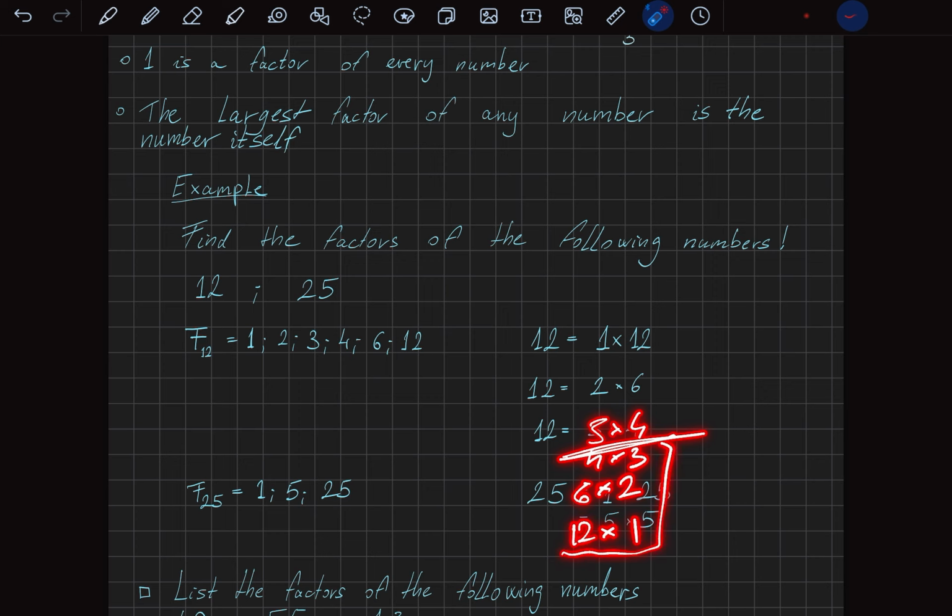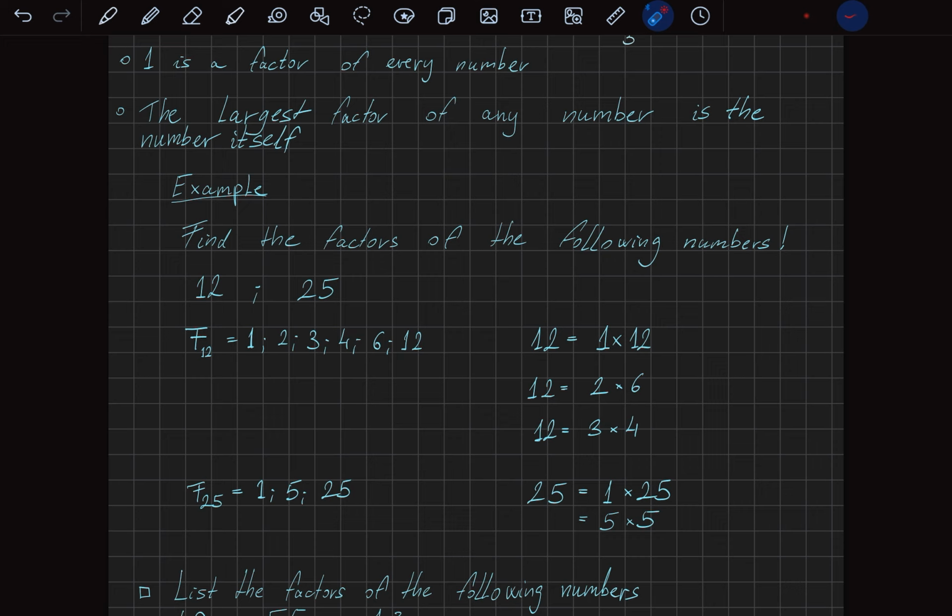So from here I just repeat everything. When the two numbers on the right side start to change places, I will not continue writing, because I have found everything.